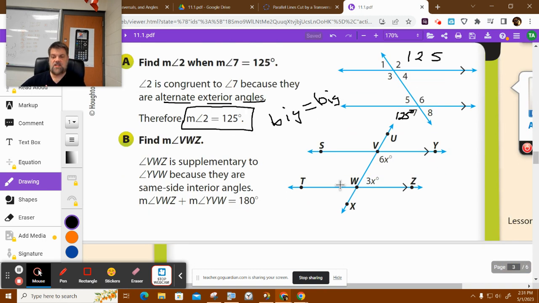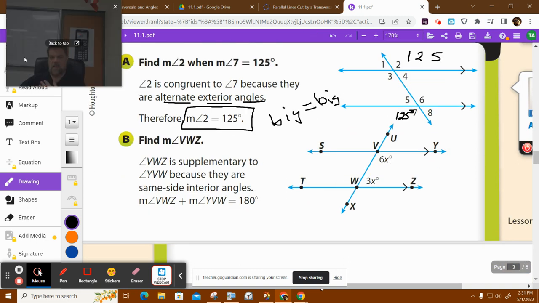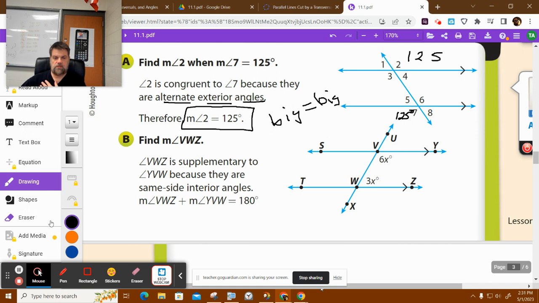Now they're asking us to figure out what angle VWZ is. When they say VWZ, that means I'm going to go from V to W to Z, and then they want YVW.